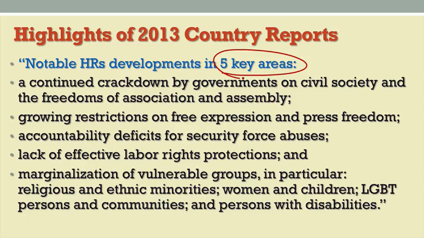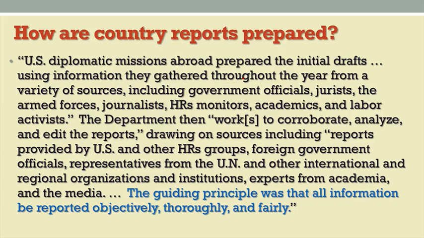Before asking you to consider one or more countries in the report, I want to focus for a moment on how country reports are prepared. Here you see a statement from the preface to the State Department's report, which describes how the information is gathered.